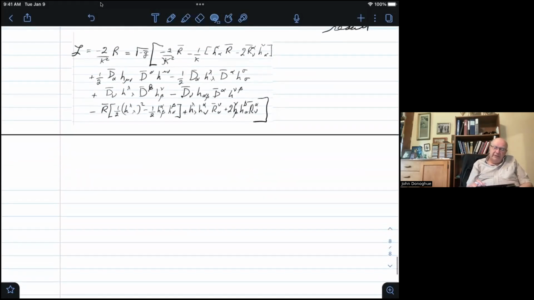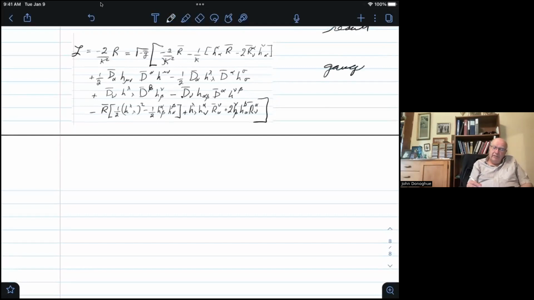The points that are relevant for us now is that this is gauge invariant, and it's a function of the background field curvatures and covariant derivatives. This will end up going into our overall Lagrangian. This is just the generalization to curved space of the one that I did in flat space before.